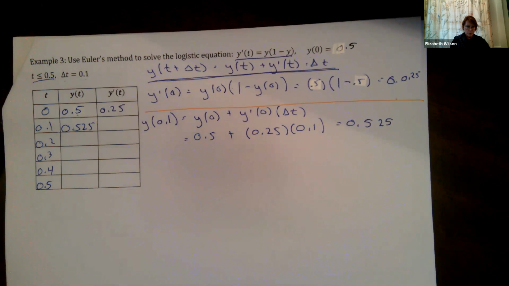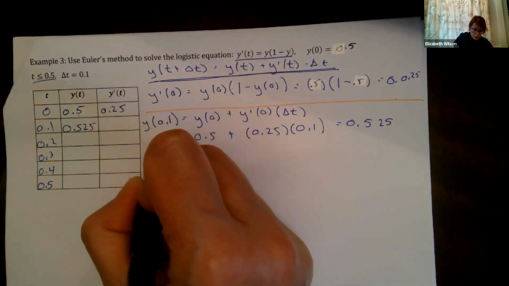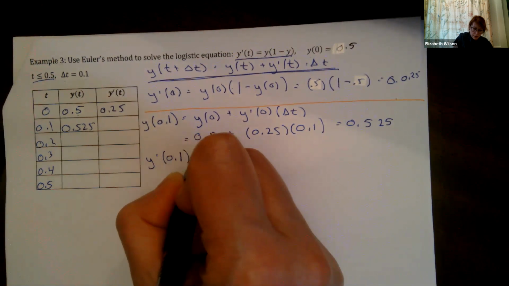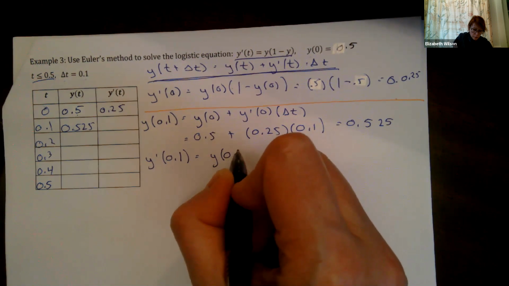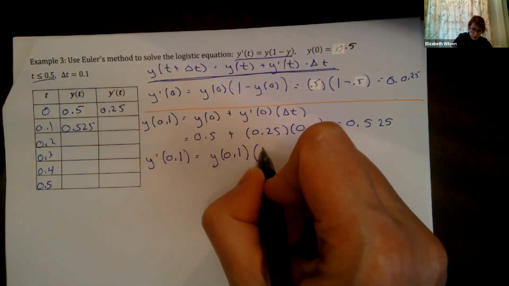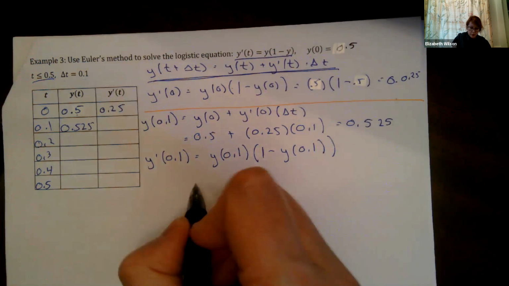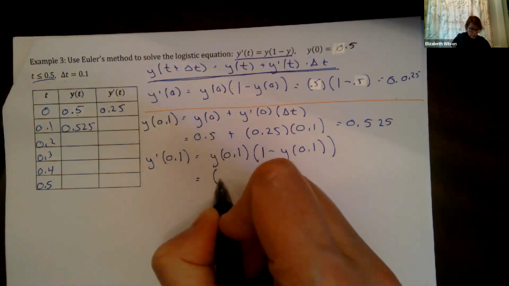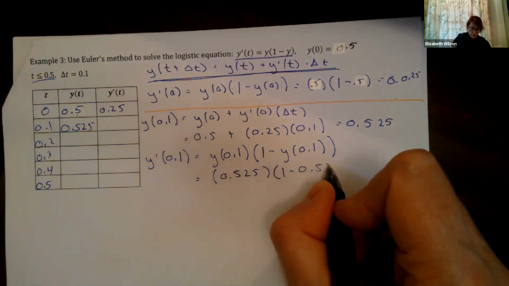Now I need my derivative. So y prime of 0.1 is going to equal y of 0.1 times 1 minus y of 0.1. Let's fill in the blanks. So y of 0.1 is equal to 0.525 times 1 minus 0.525.